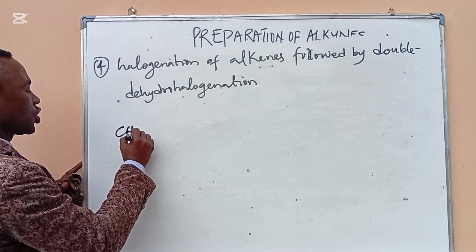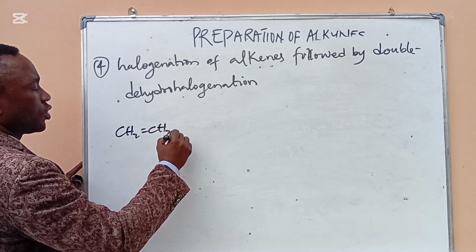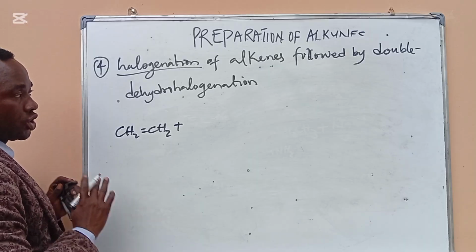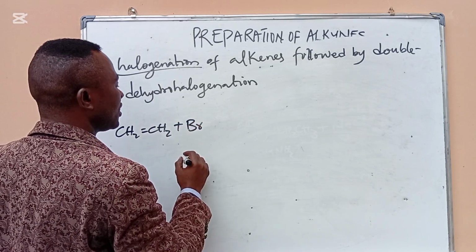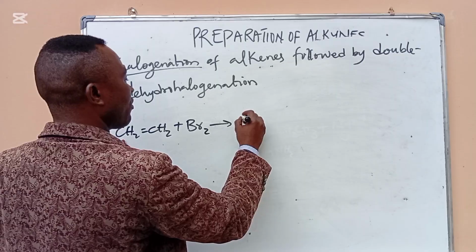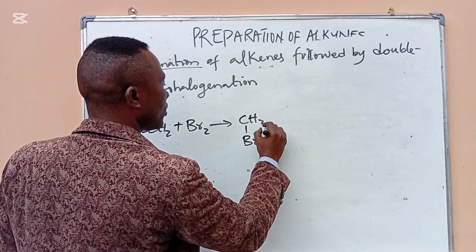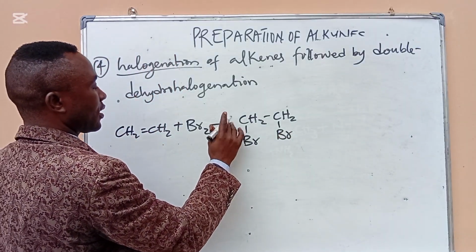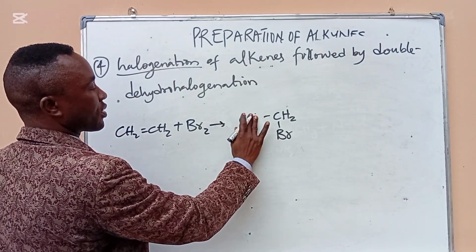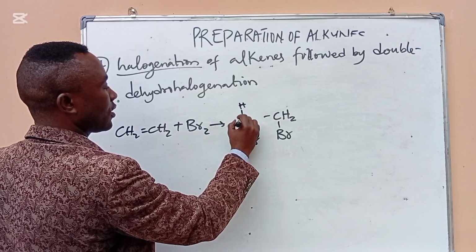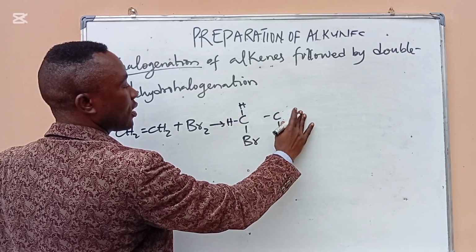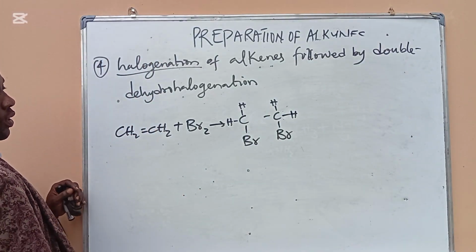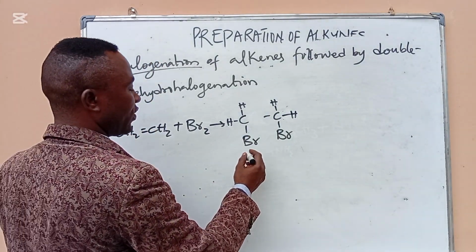So when we have CH2 double bond CH2, we want to first halogenate it with bromine. So what we'll have is CH2Br CH2Br. These two hydrogens can be written as H and H here, and we have seen a vicinal dihalide.